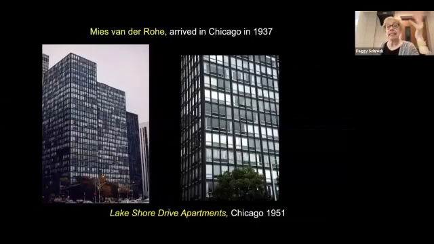By 1951 is when Mies finally is able to build one of his new skyscraper forms. The Lakeshore Drive apartments were built in '51, and they are an example of this merging finally of American engineering and what I think of by this time as a Bauhaus style or exterior.